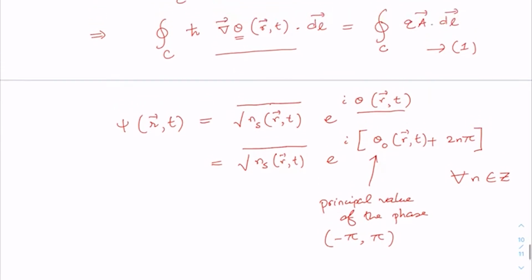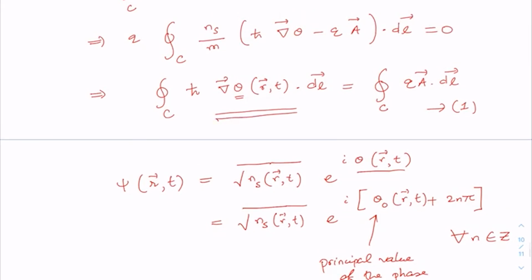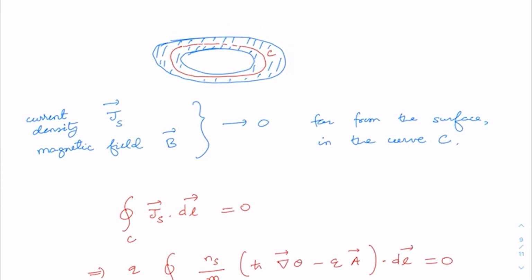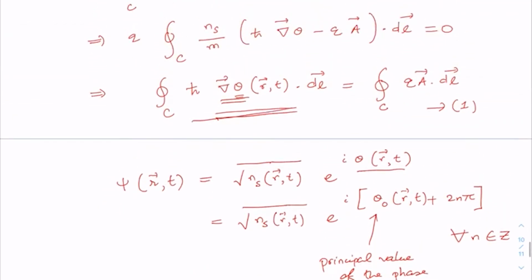Now this integral around the path C can be computed by taking into account that the integrand is the gradient of a scalar function, and also that the path is in a multiply connected region. As you can see, this path C is multiply connected.